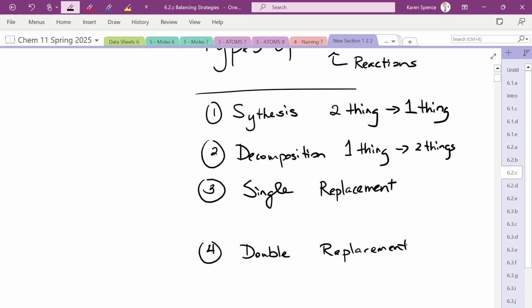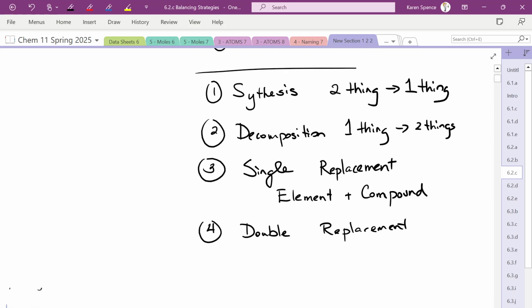And if we want to recognize single replacement, we're always going to have an element plus a compound. Double replacement, you're always going to have two compounds. Compound, compound. And these ones are always going to be ionic compounds.